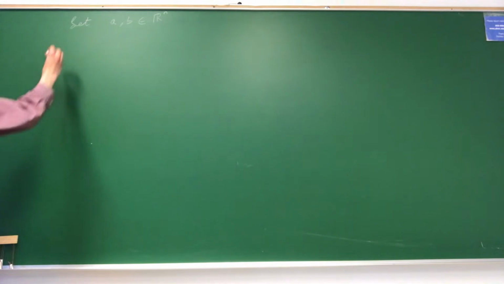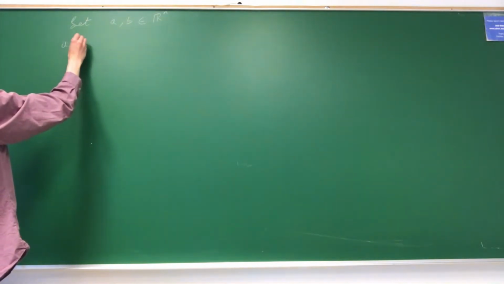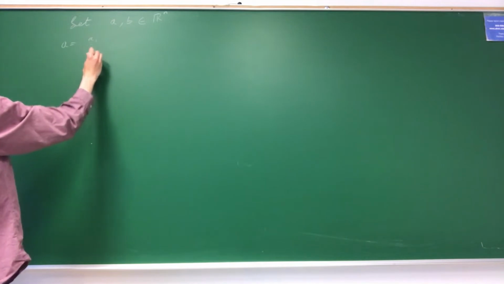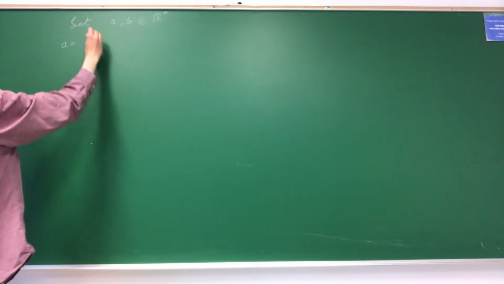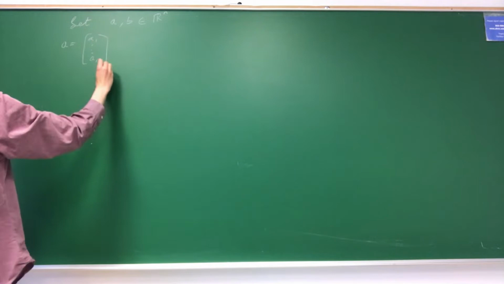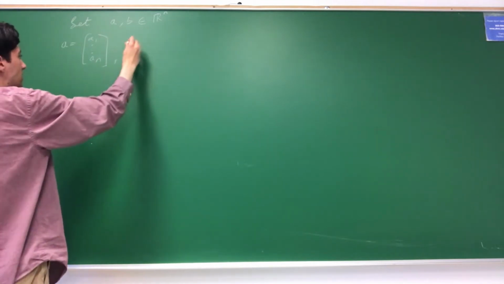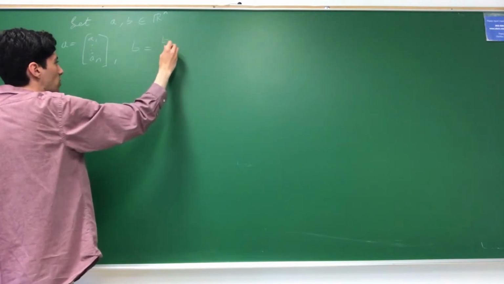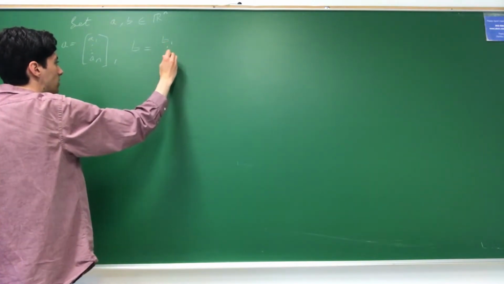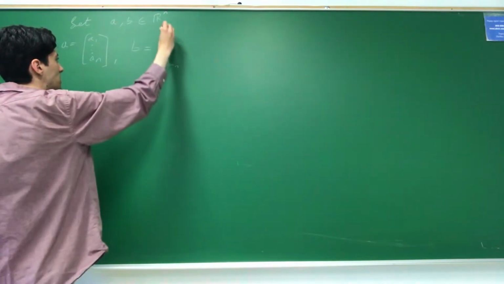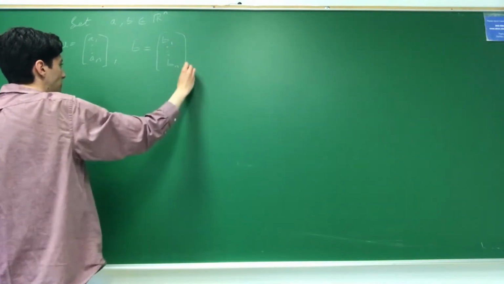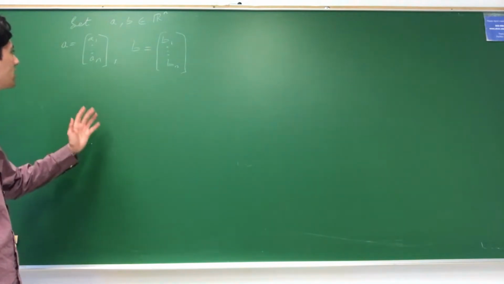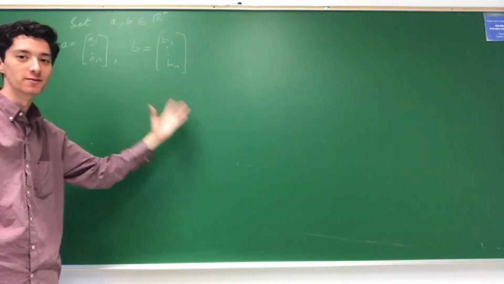This means that A is equal to some A1, I'm using an ellipsis here, to An, and that B is equal to some B1 through Bn. So just saying that there are n components of A, and there are n components of B.